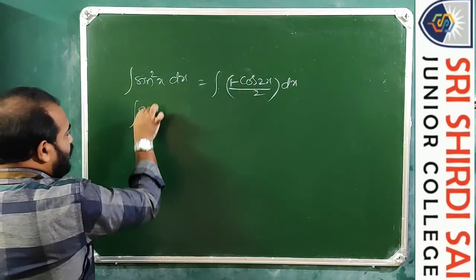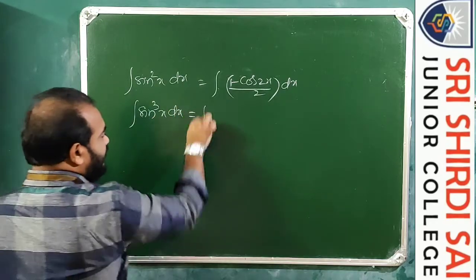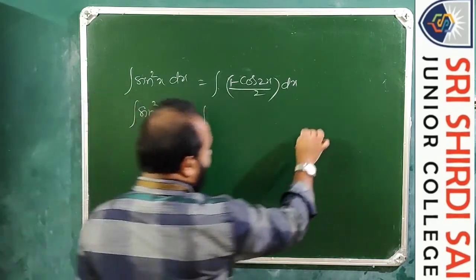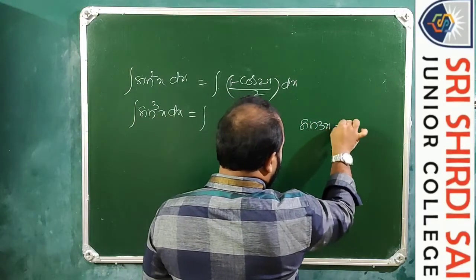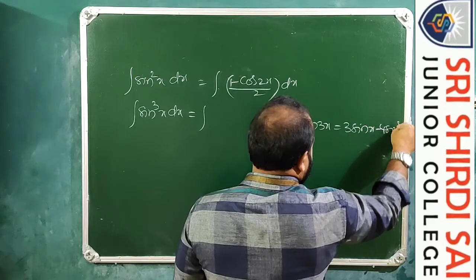If you are asked to find the integral of sin^3 x dx, we know sin 3x equals 3 sin x minus 4 sin^3 x.